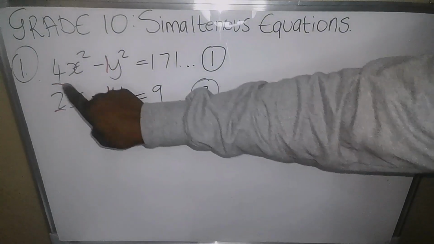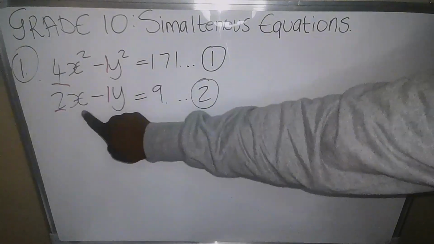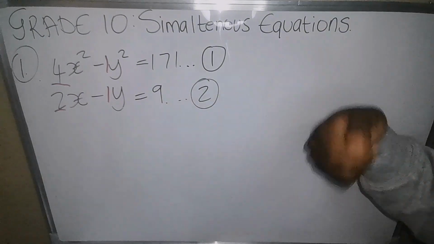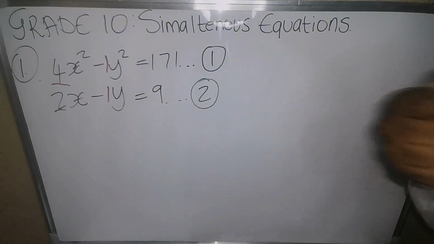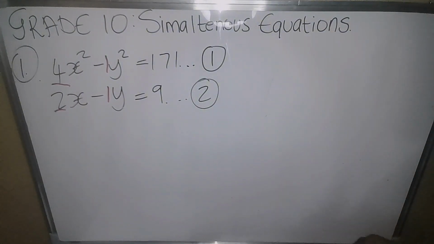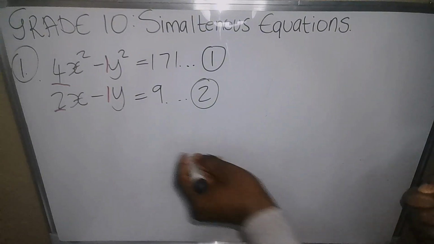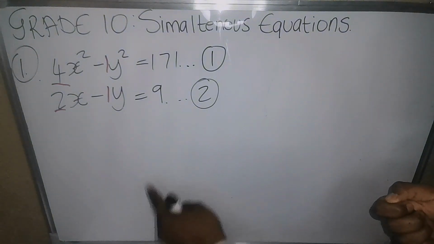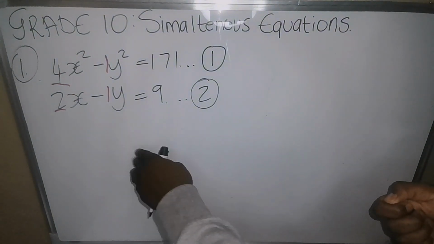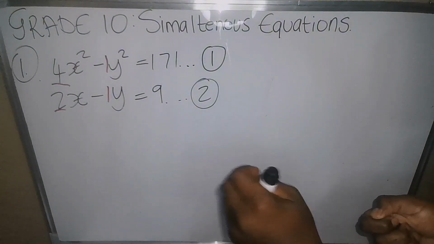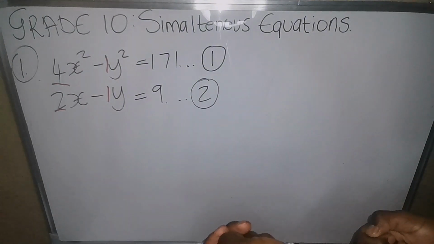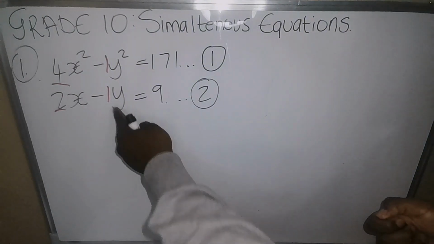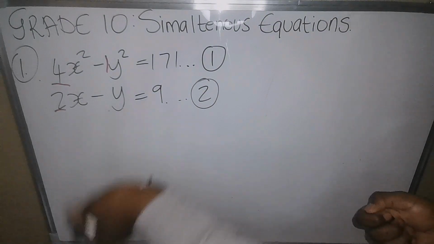Now, between this x squared, y squared, x and y, which variable can we use to make the subject of the formula? I can take this y to be my subject of the formula, because y does not have any number bigger than -1 or 1. This -y is so simple.